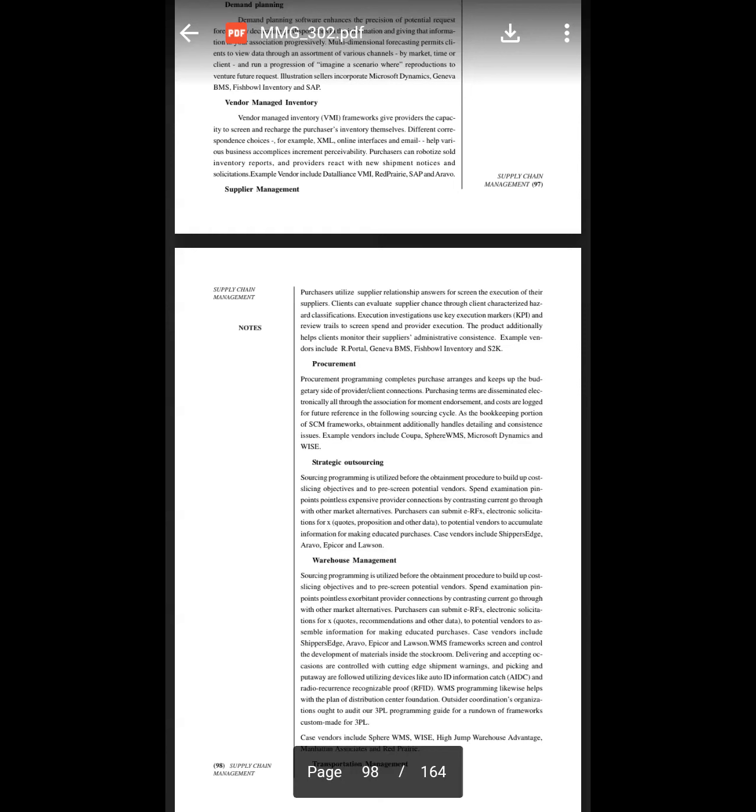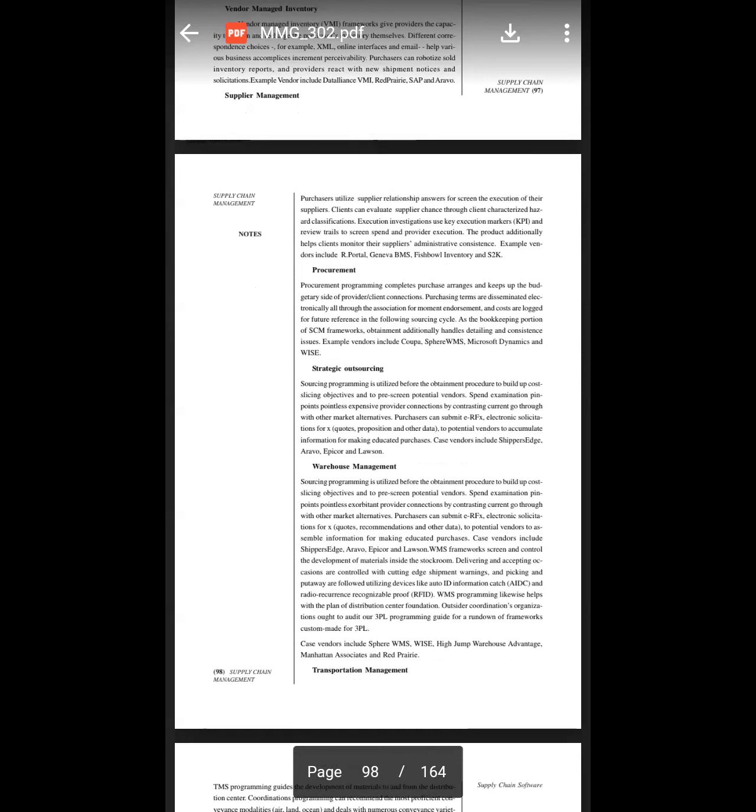Then strategic sourcing: sourcing programming is utilized before the procurement procedure to build up objectives and pre-screen potential vendors. Spend analysis corrects unnecessarily expensive suppliers by comparing current spend with other market alternatives.